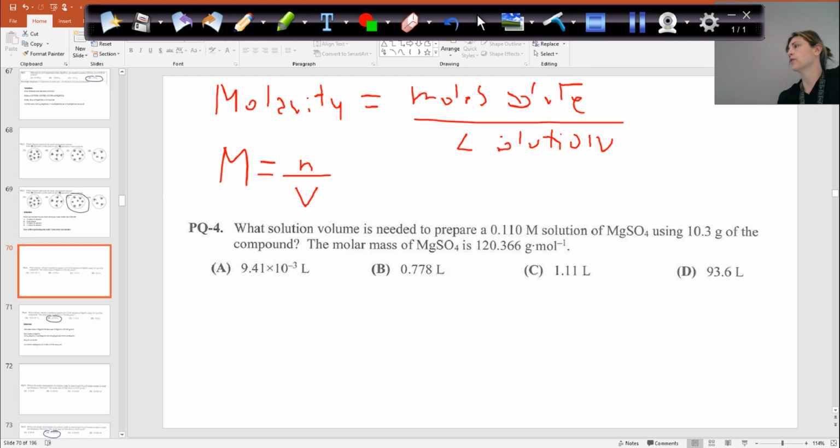What is the question asking for? The volume. So how do we find the volume? Moles of solute. Yes, I'm sorry. My proficiency at writing with this pen is not very good. I guess you have to really press it. Moles of solute divided by liters of solution.